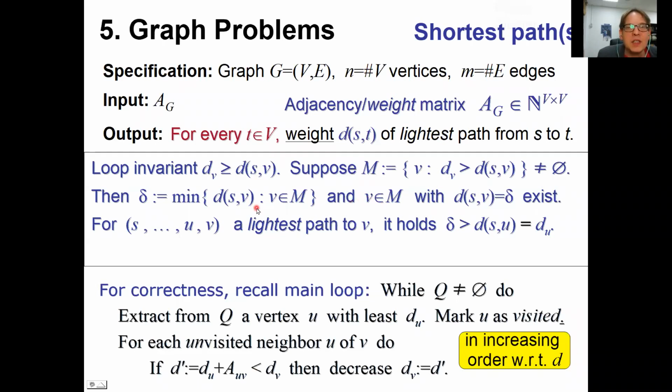The V we consider is a least counterexample vertex because that's the one with least weighted distance from S where the algorithm purportedly fails to produce the correct distance. And now we consider the shortest, or more generally, a lightest path to this vertex.